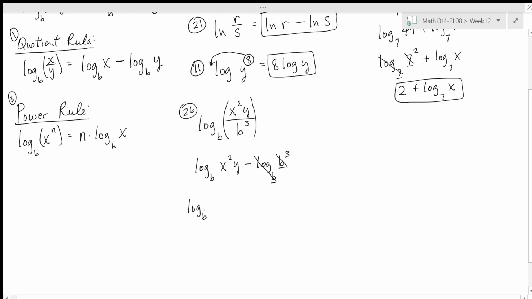Okay, next step. Now I'm going to have to take the x and the y and separate them. So that's going to be log base b of x squared plus log base b of y minus 3.